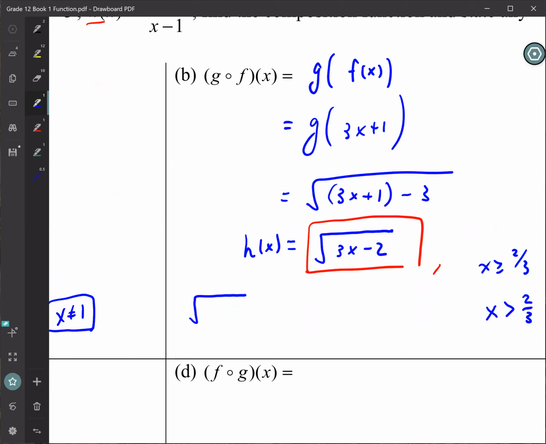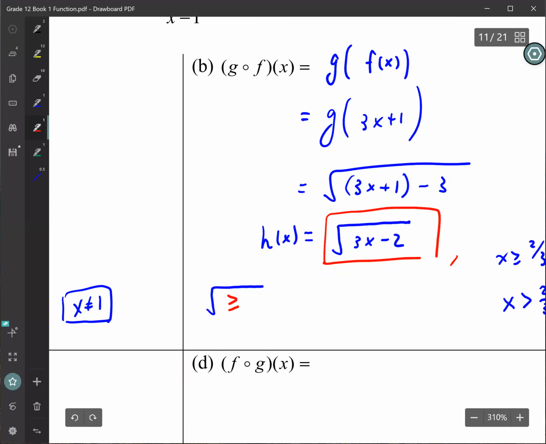Cindy? Has to be not negative. Not negative, right? So could it be 0 then? Yes. Okay. Square root of 0, what does it equal? 0. Still 0, right? 0 times 0 will be 0. So anything inside must be greater or equal to 0.